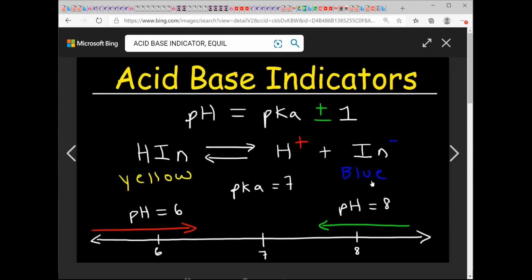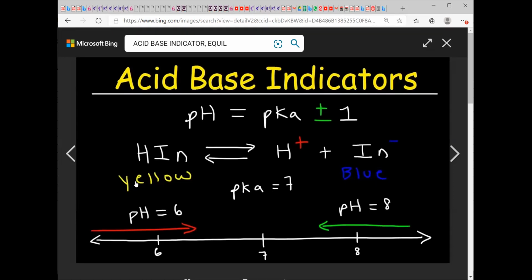And why would I say that blue is the dominant color? It depends on how much the relative concentration of the blue color overwhelms the yellow. To our human senses, about 10 times more of one from the other, we will say that color is more dominant. What do I mean by that?